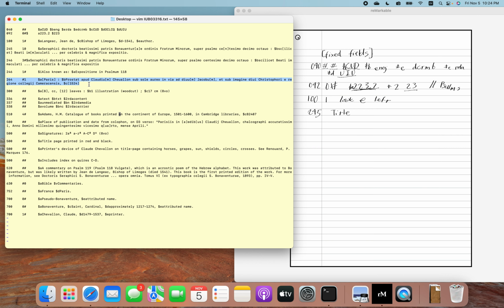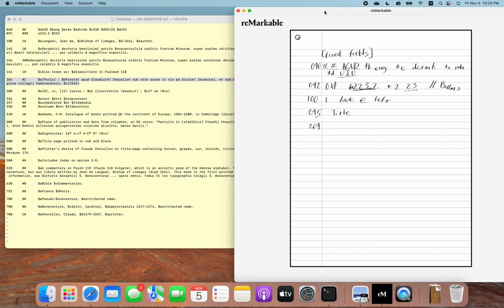264 is the publication statement. If you look over to the left and right, 264 will show up in just a moment. For 264, first indicator is null, and then generally, especially for early printed books like this, we always use a 1, because we consider whatever information we get or can parse out to be the publication information.